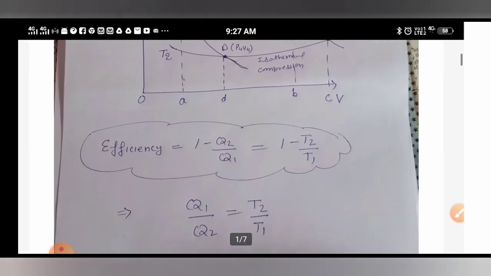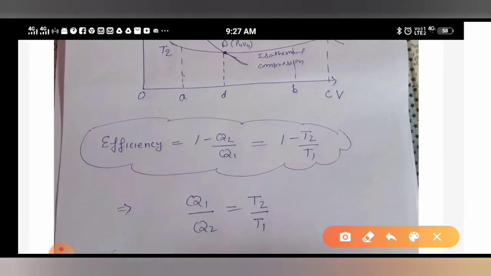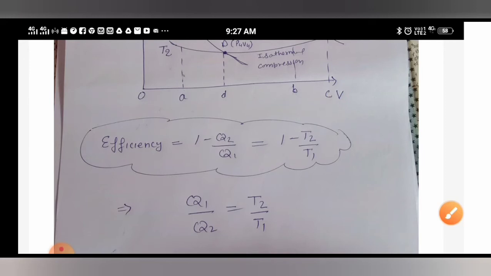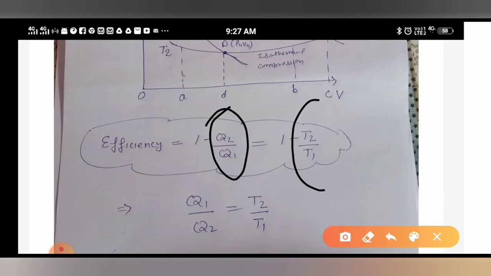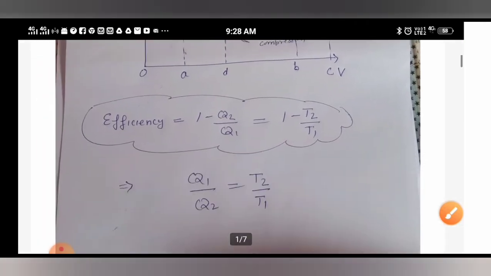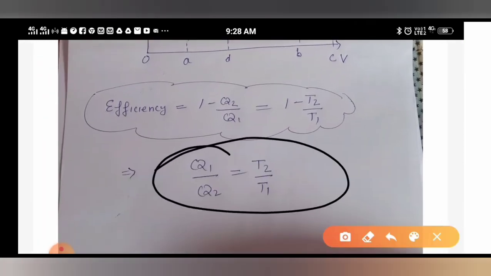Dear students, from the Carnot cycle you will get two formulas. First, efficiency is 1 minus Q2 upon Q1, which is equal to 1 minus T2 upon T1. So from here, Q2 upon Q1 is equal to T2 upon T1, or you can say Q1 upon Q2 is equal to T1 upon T2.